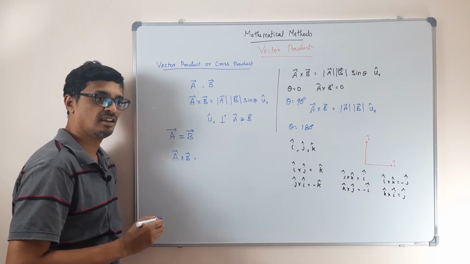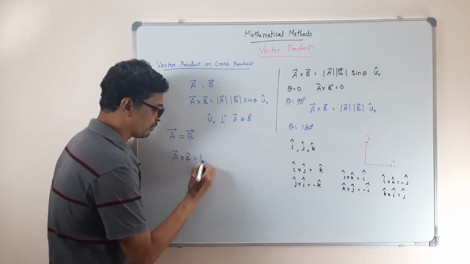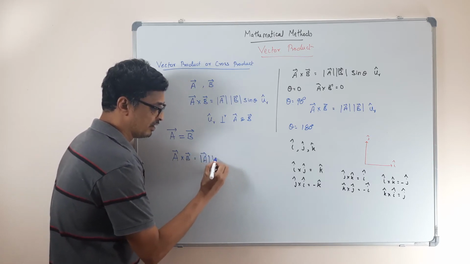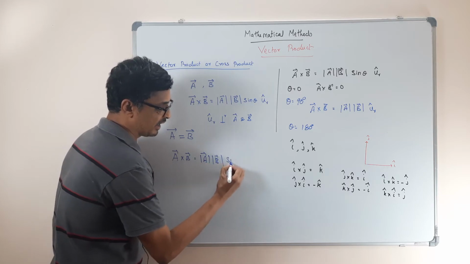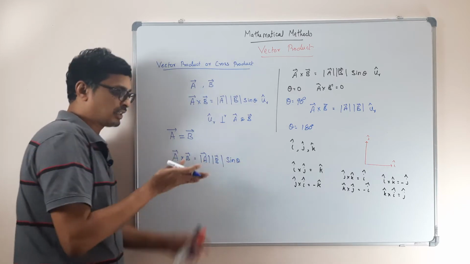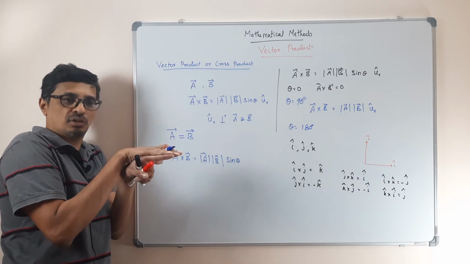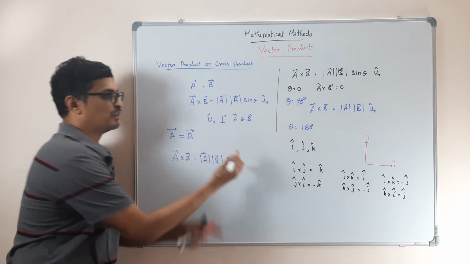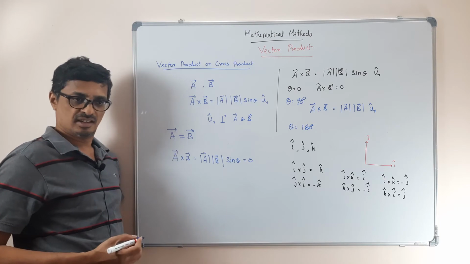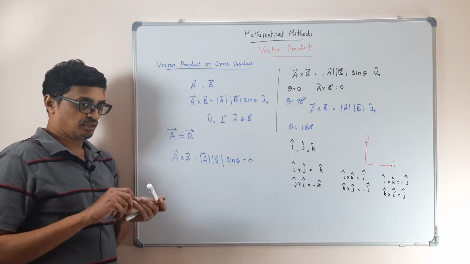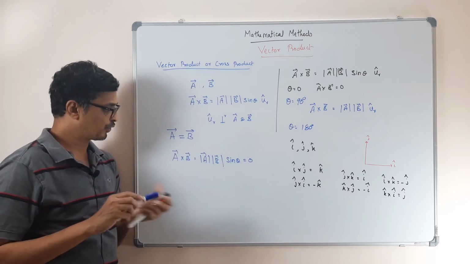It will be 0. Correct, 0, because it will be A B sine theta. So when the vectors are equal, what is the theta? 0. Okay, so this becomes 0. Theta is 0, sine 0 equals 0. This becomes 0.